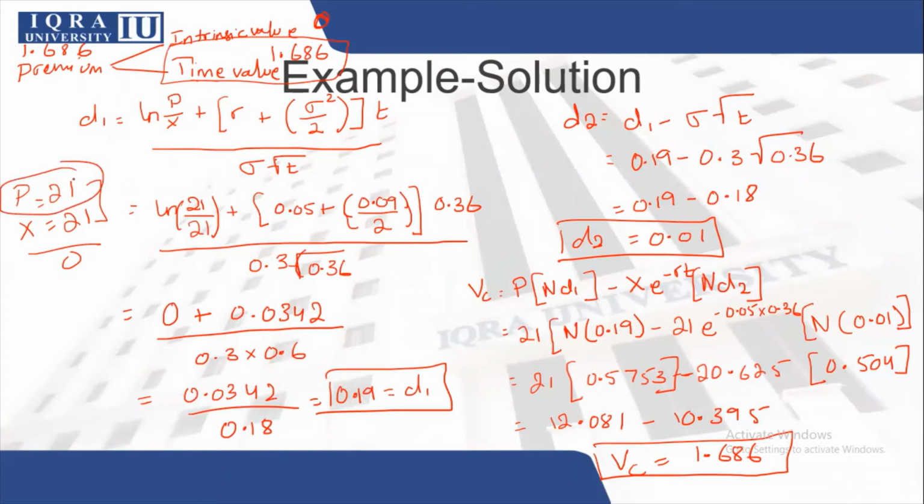If the spot price increases to 24 and the exercise price is 21, then 24 minus 21 is 3. This will become your exercise value, and most probably your premium will also change, because if it's in the money, the price of the call option will also go up.